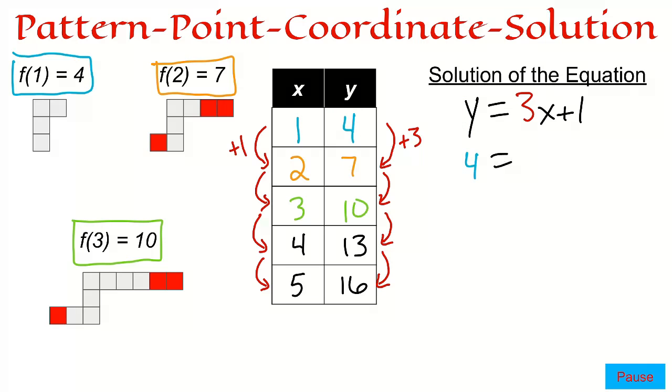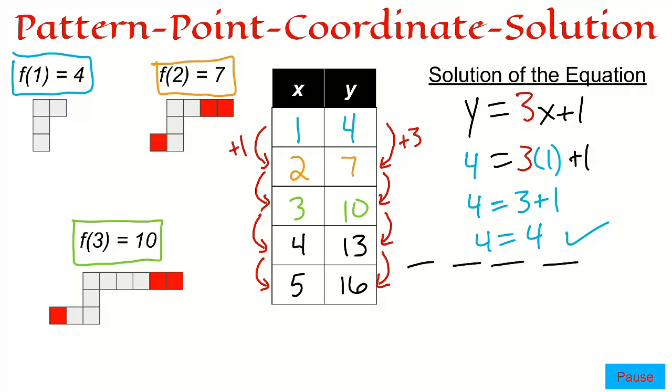It's equal to 3 times our x value, which is 1, and then plus 1. So now, on the right-hand side, 3 times 1 is 3, plus 1, 4 equals 4, and that checks. I'm going to show you another point. We can pick any point. Does anyone have a particular point they like?